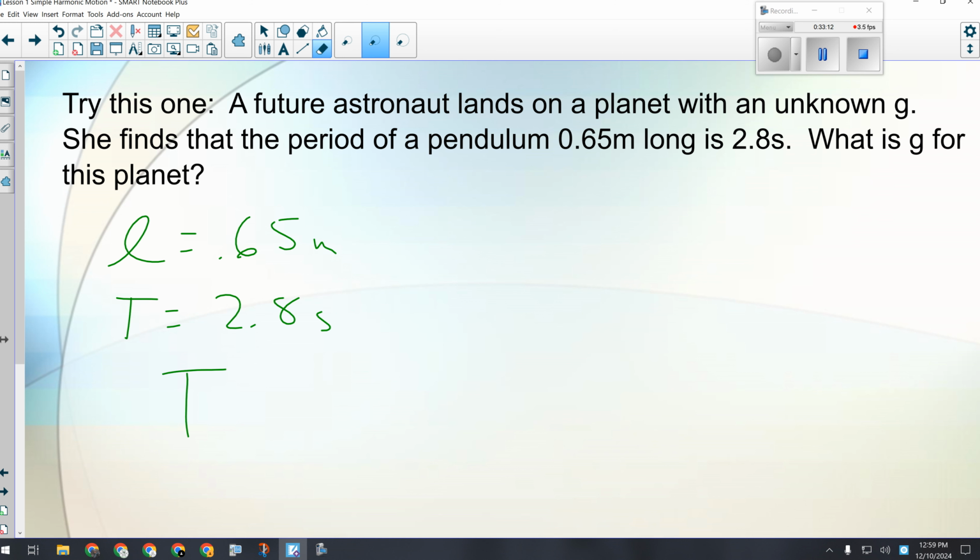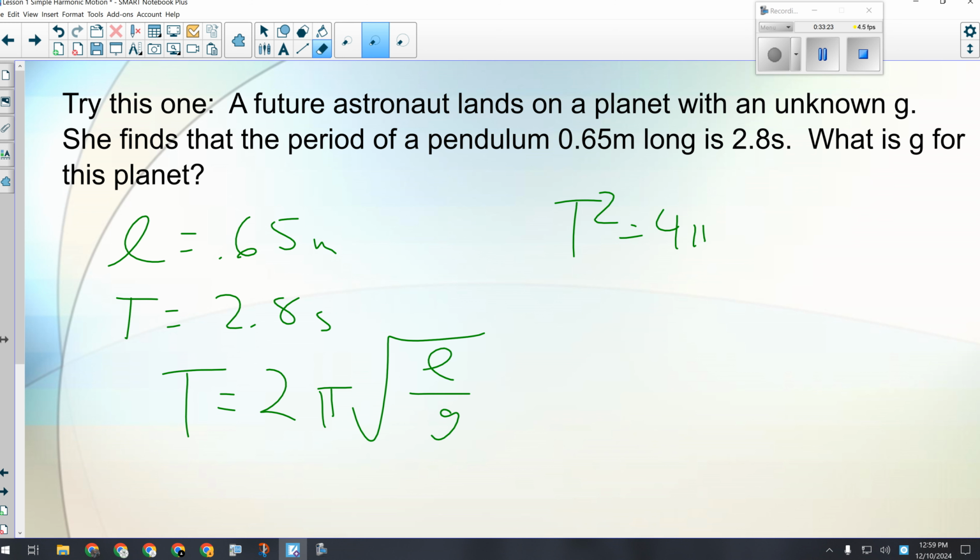T equals 2 pi root L over G. I'm trying to solve for G, so I've got to square everything. T squared equals 4 pi squared times L over G, and then we cross multiply T squared and G. So G will equal 4 pi squared times L over T squared.